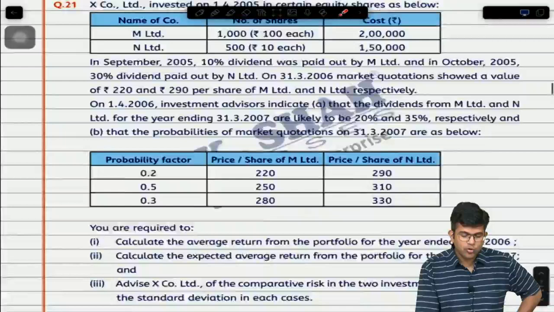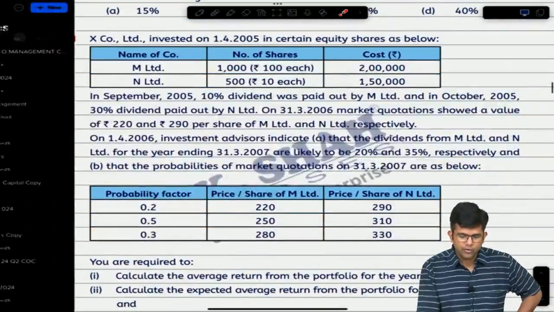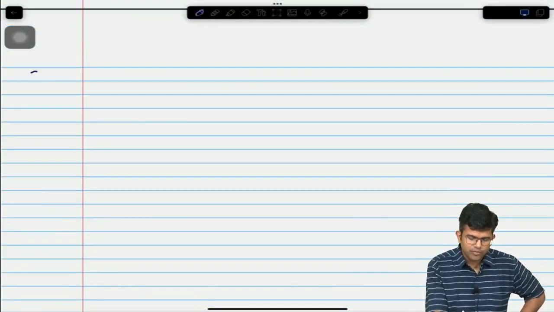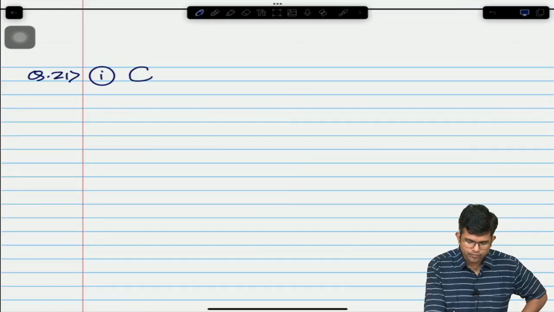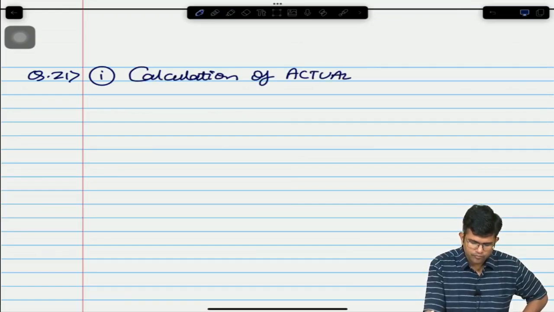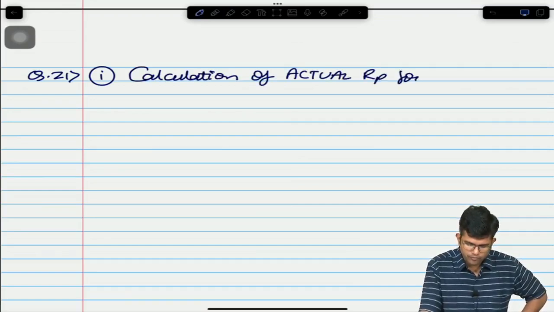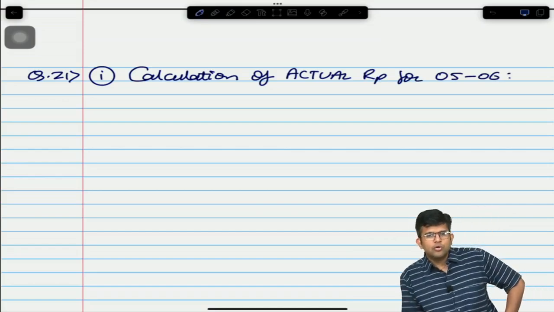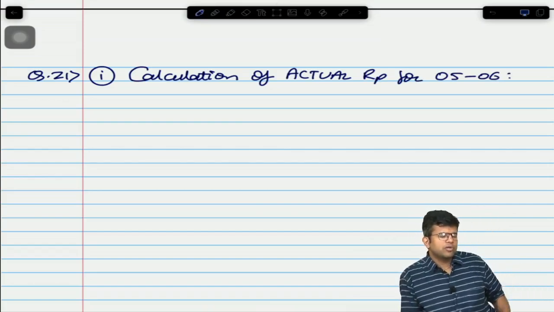Okay, I am going to give you a roadmap. You have to try walking on it. Okay, question number 21. Drop your pens and listen. So, can I say 1/4/2005 we bought these shares.